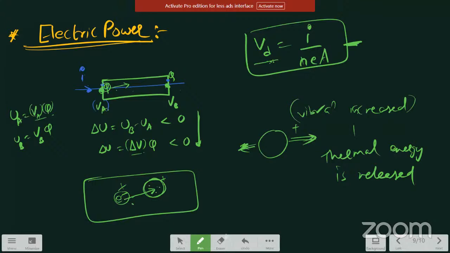Got it? This is how energy is lost across a conductor when current passes through it.